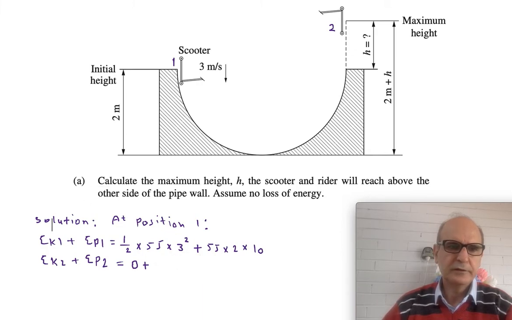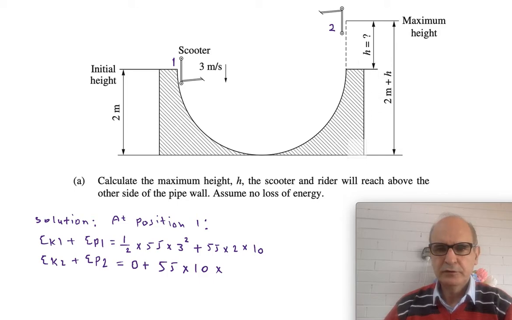That's for kinetic energy, that we have half. All right. So M, which is 55, times G, which is 10, times H, and the altitude is 2 meters plus that H, making it altogether 2 plus H.